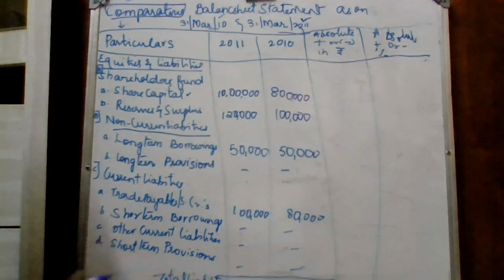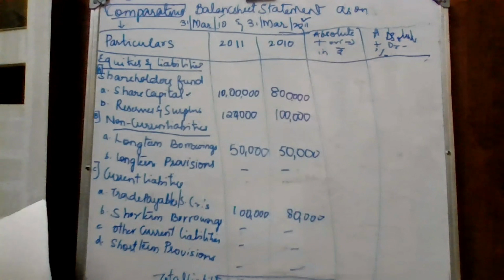Your total liabilities will be 10 lakh plus 1 lakh 20 plus 50 plus 1 lakh. It will be 12 lakh 70,000 for 2011. For 2010, it is 10 lakh 30,000.